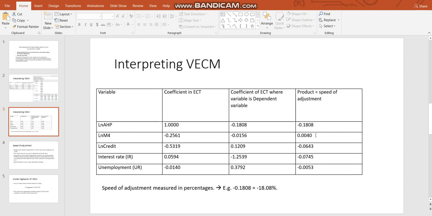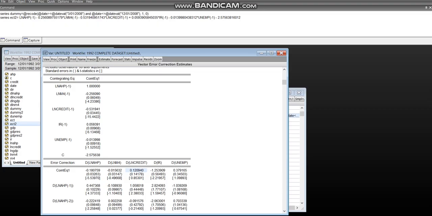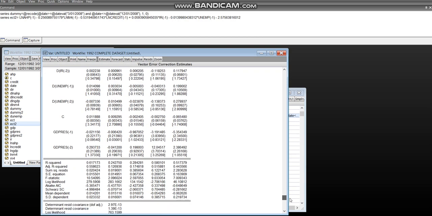But the money supply, when we're talking about the speed of adjustment, it was the most problematic. Also when you talk about your vector error correction model, you can just make a brief comment about the R² value. If we go on Eviews and scroll all the way down, you can see it's right there for my ln AHP variable.